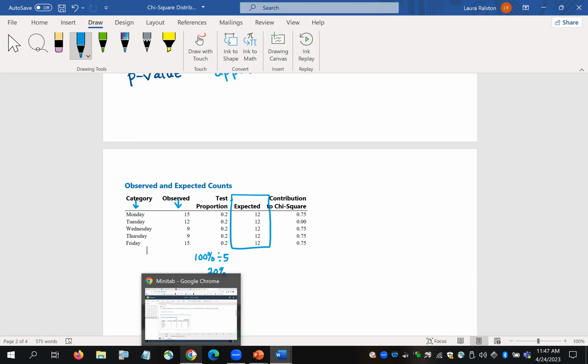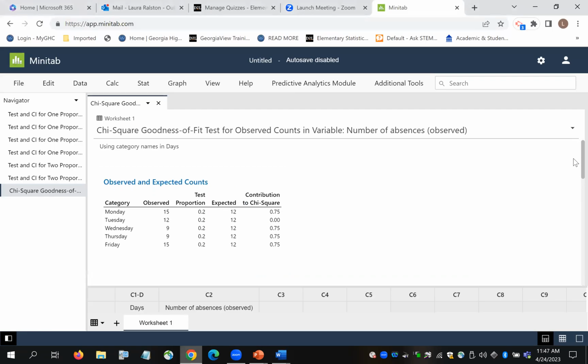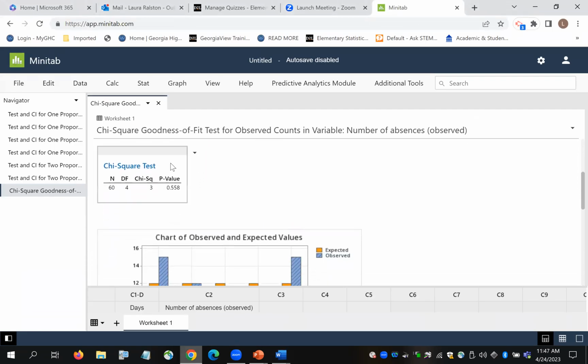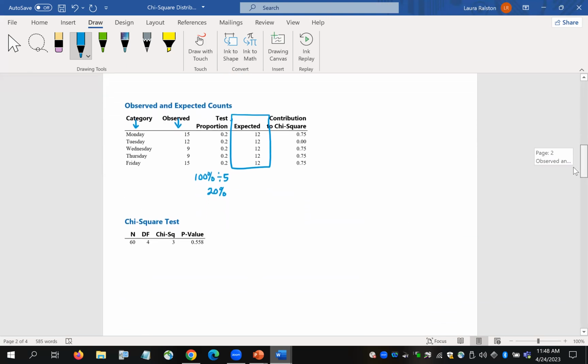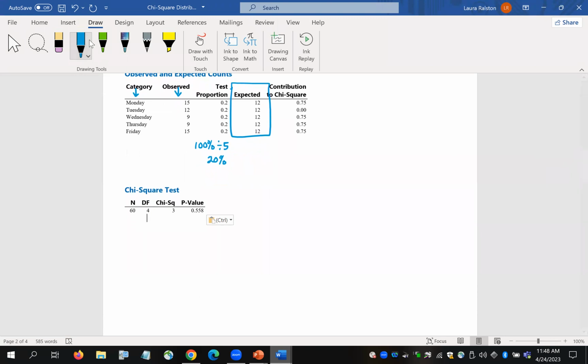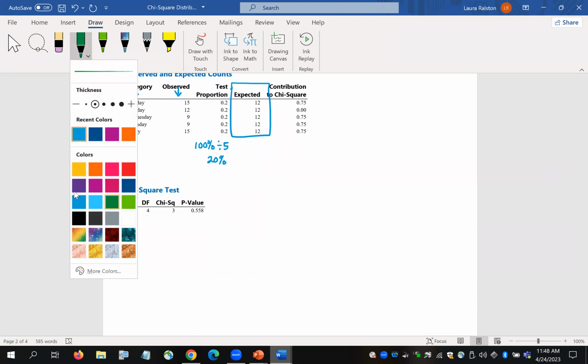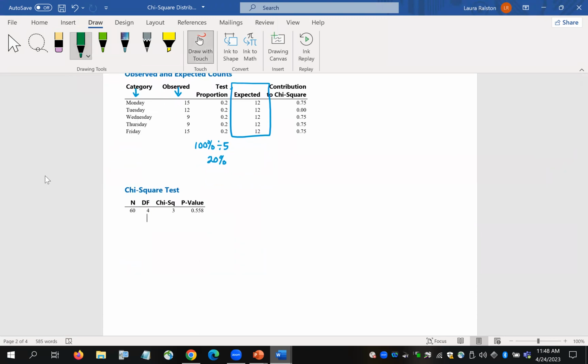The other piece that I really need is this chi-square test. This is actually my test results. Okay, my chi-square test results. From this table, I get my chi-square test statistic. Okay, this is my test statistic, chi-square.